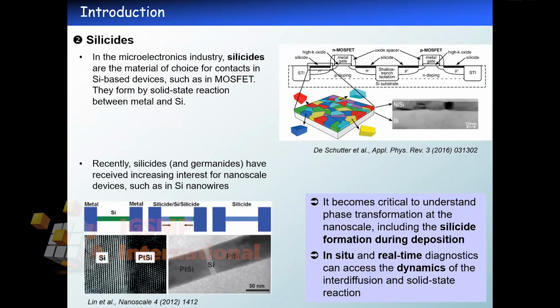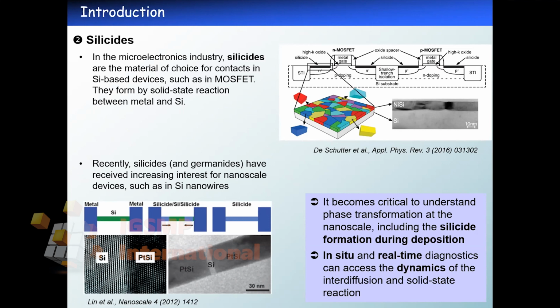The second example I will discuss today is related to silicides. Silicides are famous because they were used in the microelectronic industry. They were used as contacts between the source and the drain in a typical MOSFET transistor. They are usually formed by solid state reaction between the deposited metal and the silicon substrate.